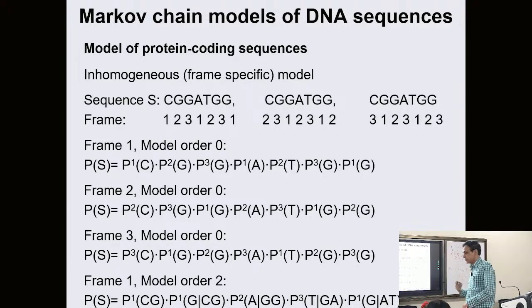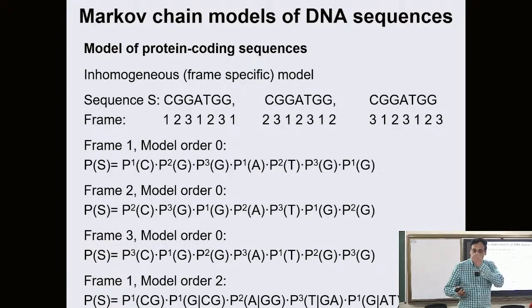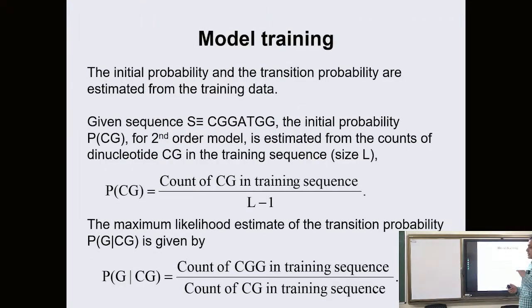Okay, so this is how non-coding sequences and protein coding sequences were modeled using Markov chain models. Now once you have the modeling part accomplished, which is computing the probabilities, the other modeling part is how you can compute the values of these probabilities.